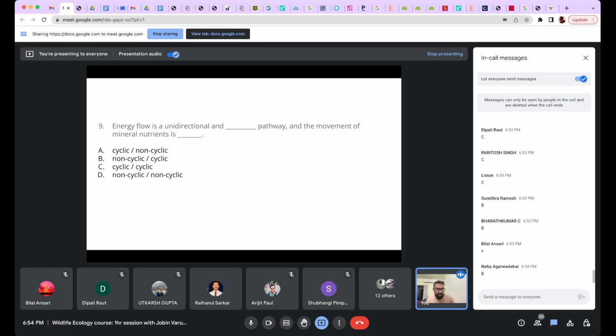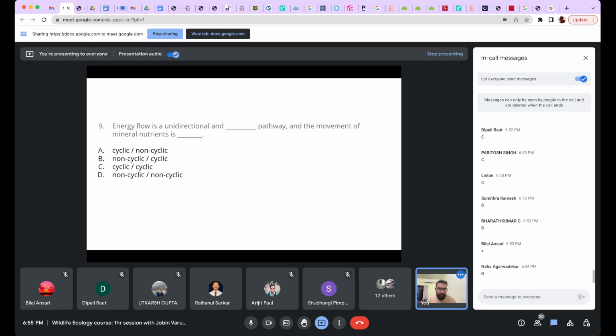They have to be used again because Earth only has a limited amount of minerals on the surface. Nothing comes from outside. The only thing that comes from outside is the sun's energy. That is energy flow, and that is basically limitless for the Earth. And yeah, so the answer is B, non-cyclic, cyclic.